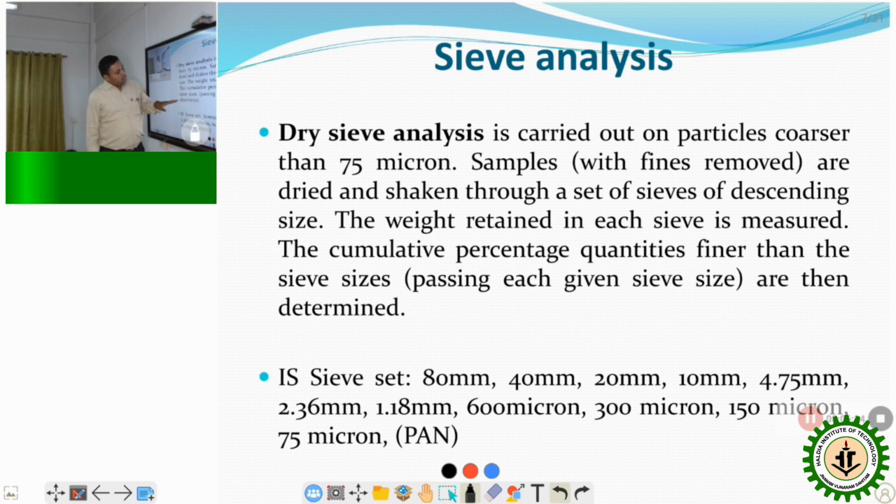These different sieves have to be arranged in descending order. That means higher sizes will be at the top and finer sizes will be at the bottom. In this slide, the sequence has been mentioned starting from 80 millimeter to 75 micron.